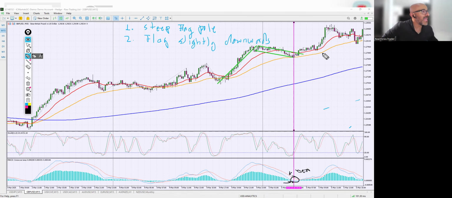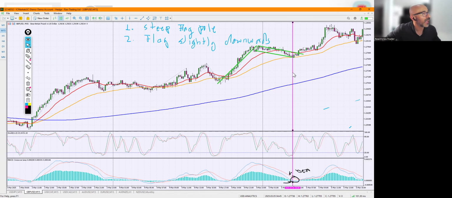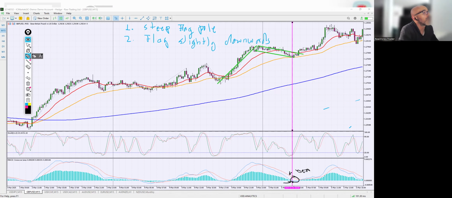So my entry point is when this candle is formed and closed. I'm talking about this very green candle here. This is my entry.